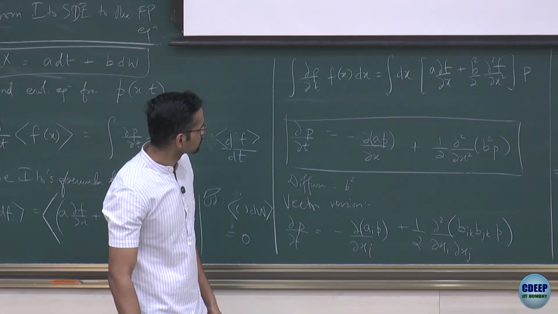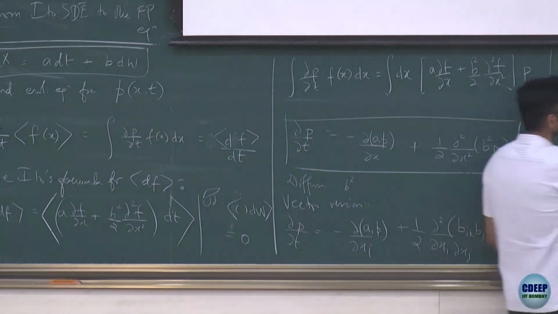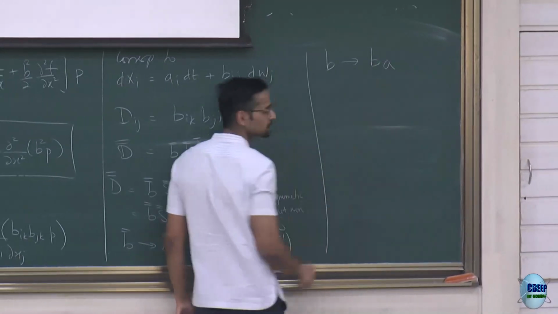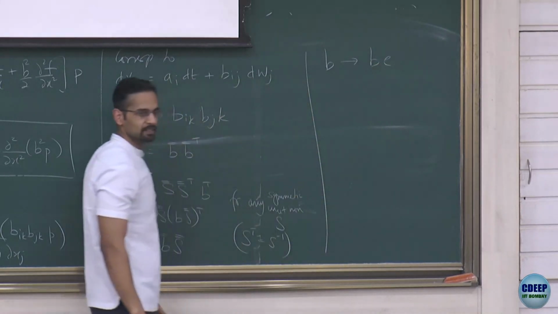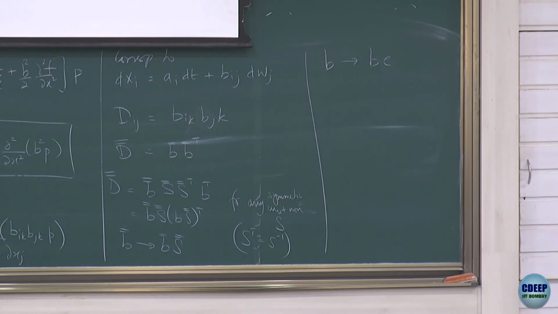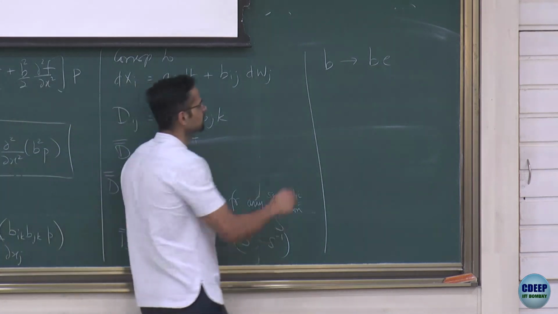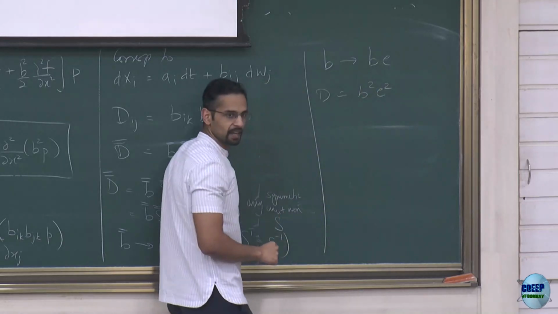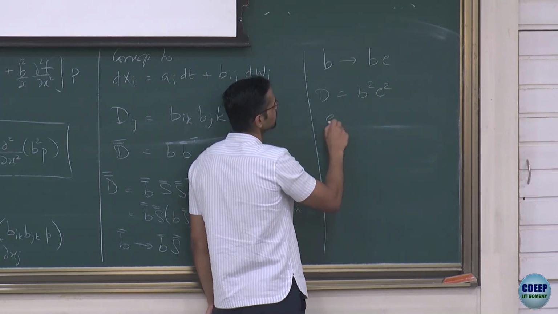No, but in that case, you can't do it, right? Suppose, let's see in 1D if this has any implication. Suppose I replace B by B into E or something. Then it will give me B square E square. So the diffusion would be that, and the only way I will have the same diffusion coefficient is that E square should be 1.